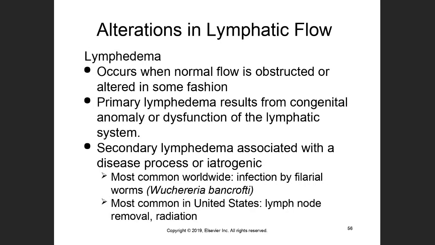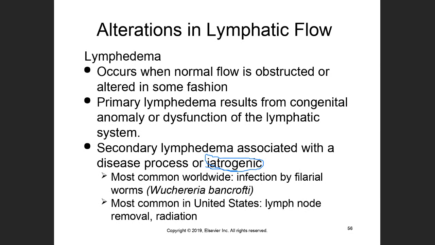Lymphedema is obstruction of the lymphatic system. Primary lymphedema results from congenital abnormality and destruction of the lymphatic system. Secondary lymphedema is associated with a disease process or iatrogeny. Iatrogeny means it is produced by the doctor. For example, when you do a radical mastectomy in ladies with breast cancer, you remove the breast and basically always the lymph nodes.